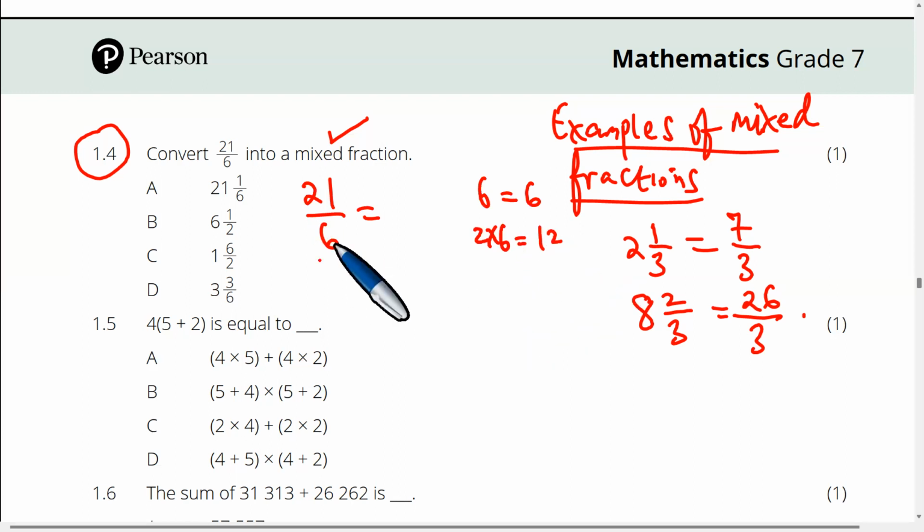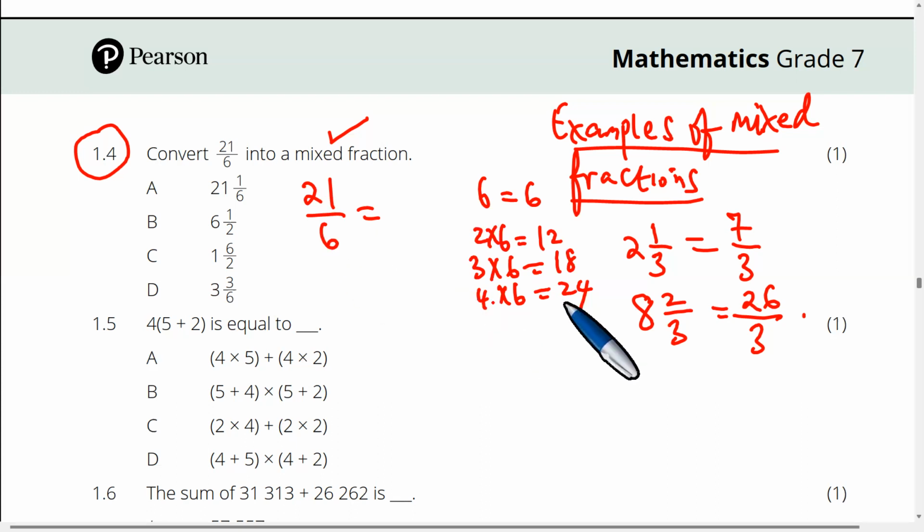So you start with the denominator and multiply it repeatedly. 3 times 6 is 18. 4 times 6 is 24. So how many times does 6 go into 21?